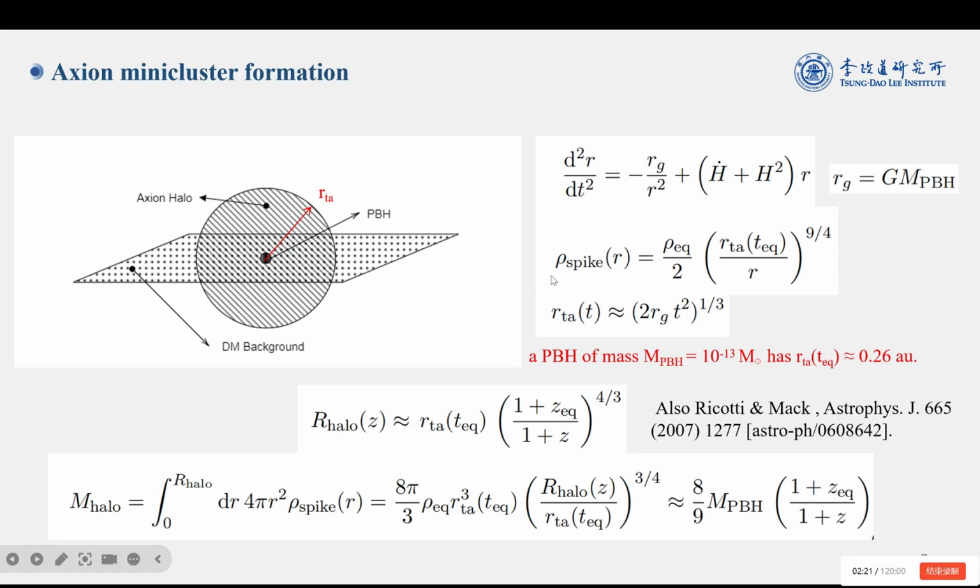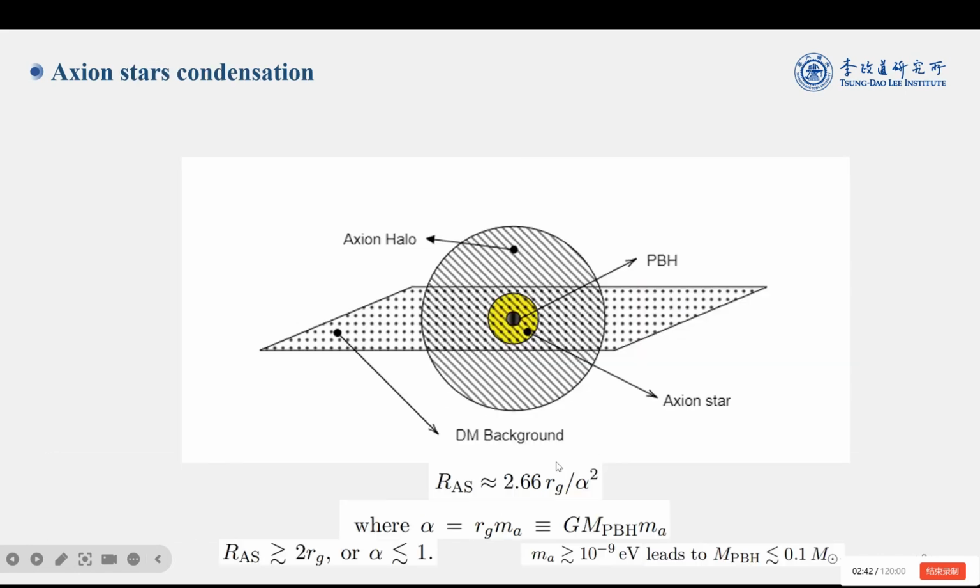And then we can use this R_TA to define the halo radius, and also we can integrate the profile of this halo to find the relation between halo mass and the PBH mass. And then after this halo forms, the axion star may condensate inside the center of this system.